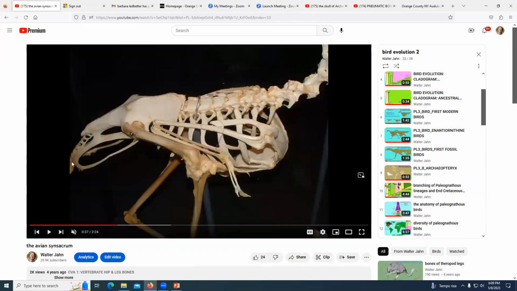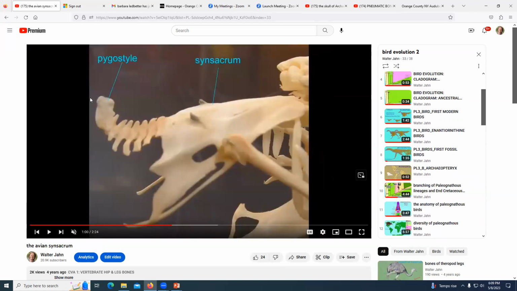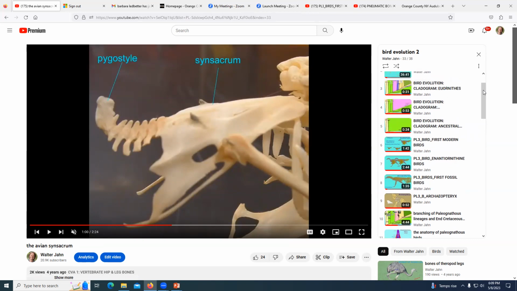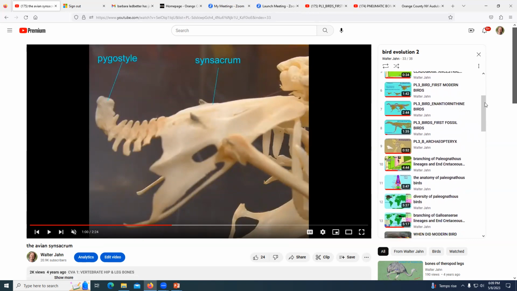So there's a fused bone, not individual vertebrae, called a pygostyle. The same thing here. This is a pygostyle, and so the next group of birds is called the pygostylia. The first birds did not have this. They had a long reptilian tail, but one of the first things that birds did was to fuse these bones together.